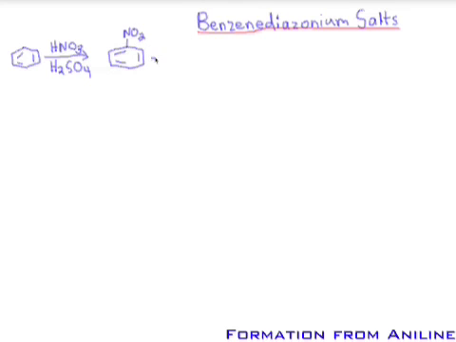Now if you take nitrobenzene and react it with tin, Sn for tin, HCl, or you can use, instead of tin, you can actually use iron, HCl.